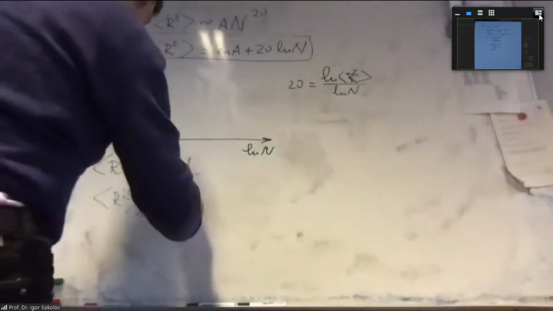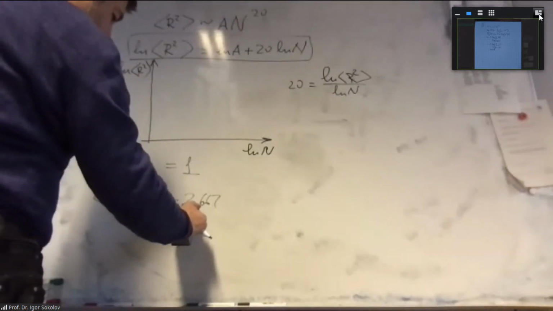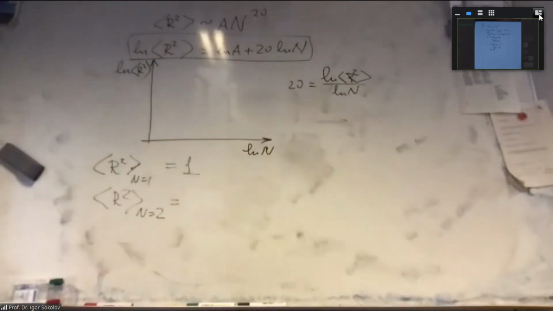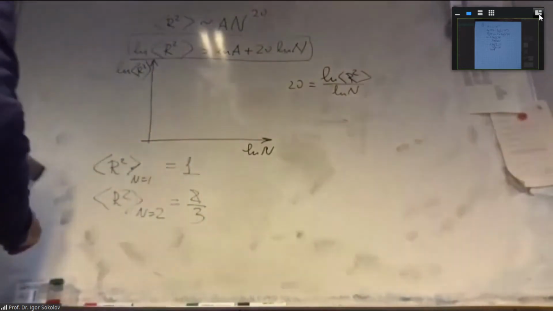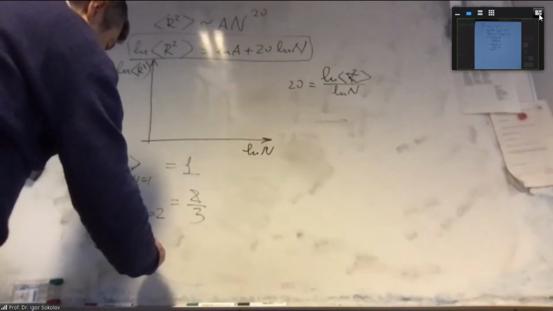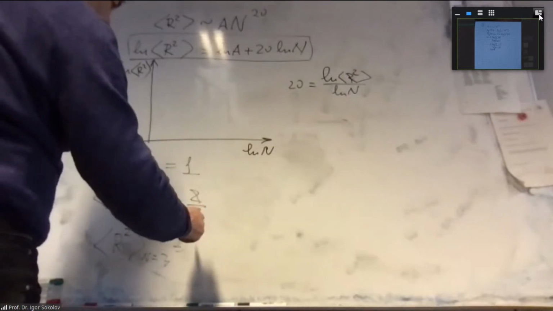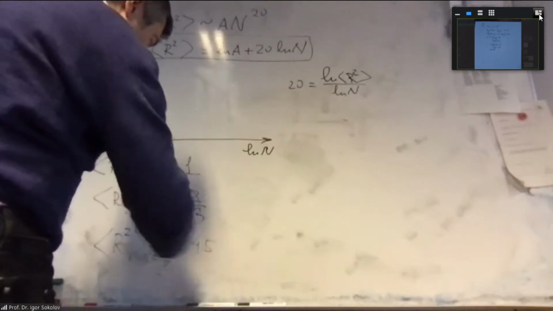Imagine that this is correct, which means that this is essentially in the normal numbers, as a quotient. This is 8/3. And r squared for n equal to 3 is 4.5.